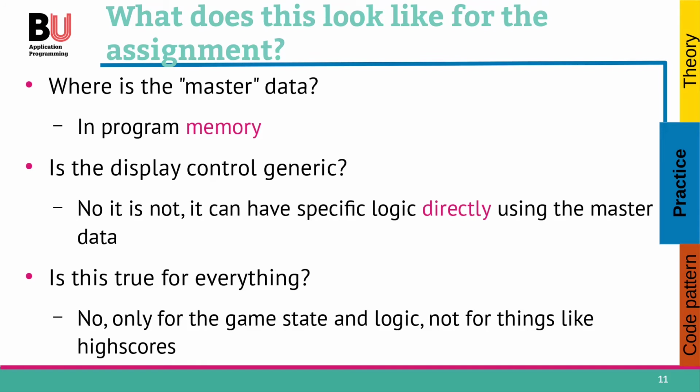In many cases, you are working with generic controls. In that case, you need to somehow link your application with that generic control. This is very different from a game, where you're going to use a custom view.